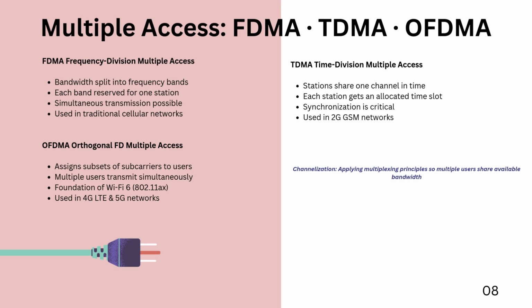OFDMA means users are assigned different subcarriers, and this allows many users to transmit at the same time. And OFDMA is used in Wi-Fi 6, 4G LTE, and 5G.